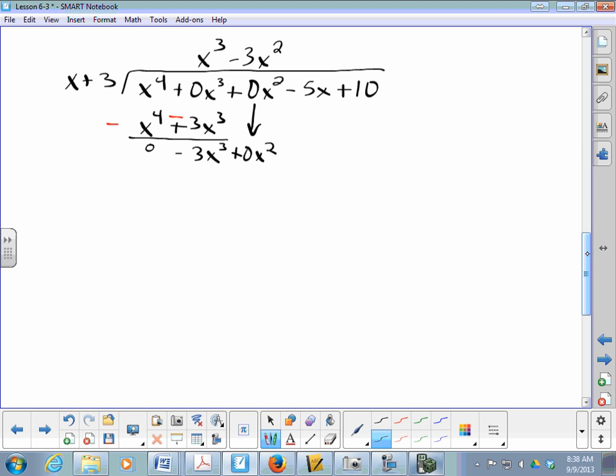After we've determined what that is, then we're going to multiply. So we get negative 3x cubed minus 9x squared. Negative 3x squared times x, negative 3x squared times 3. Then we will subtract. When we subtract, we change the signs.